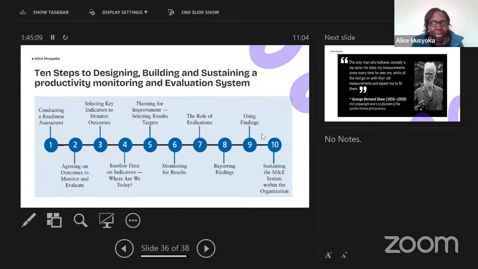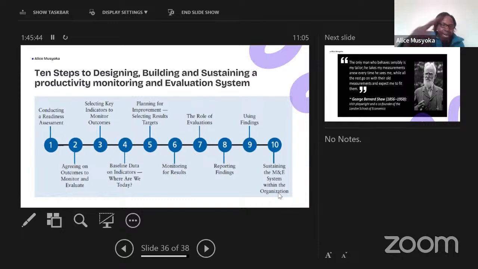If we realize that we are not able to make any impact on our society, then we are able now to focus on that and put in stringent measures that can lead to impact evaluation. So step number 10, we are looking at sustaining the monitoring and evaluation system within the organization, which is very key.